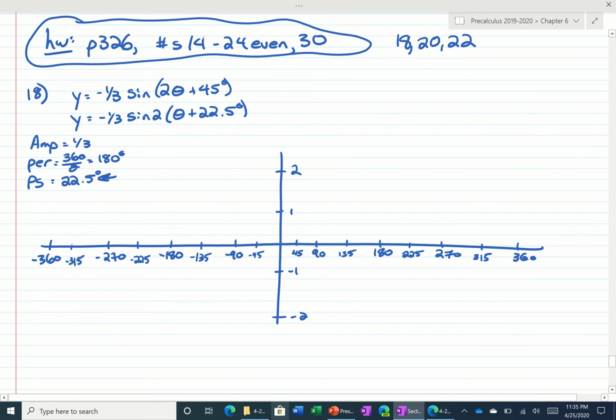And then in between those would actually be the 22.5. So I'm just going to get the feel for things, and then I'll draw the graph. All right, you'll see what I'm talking about.